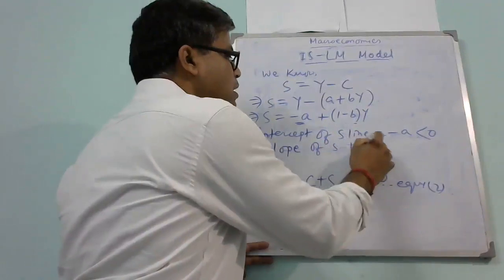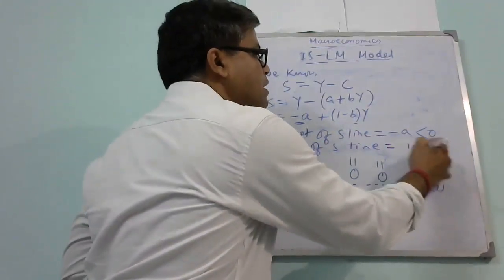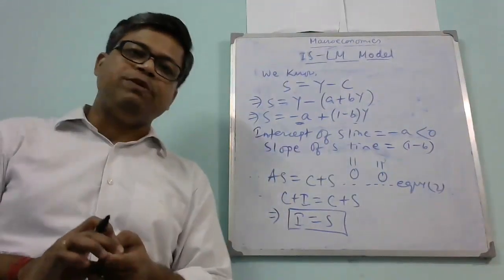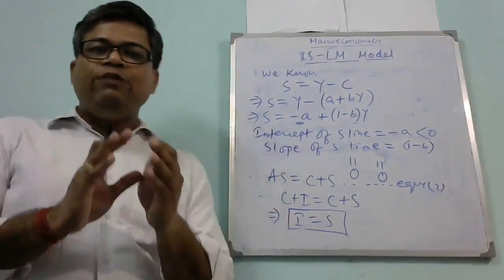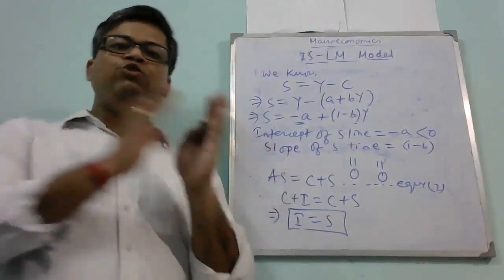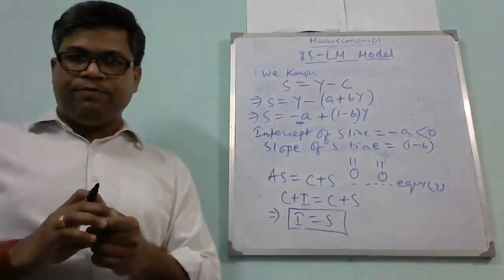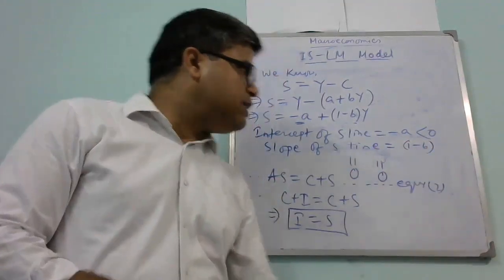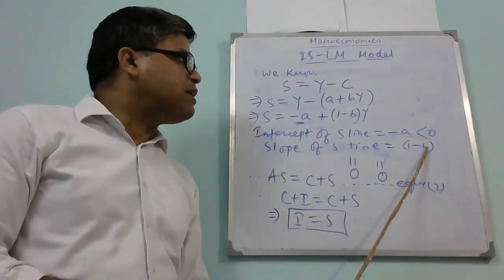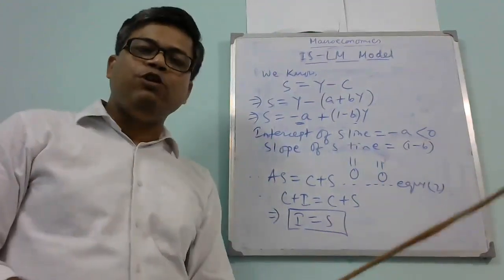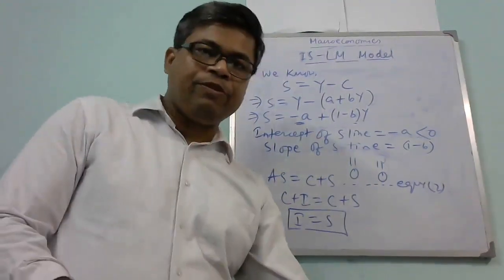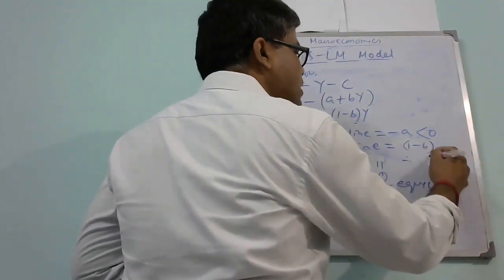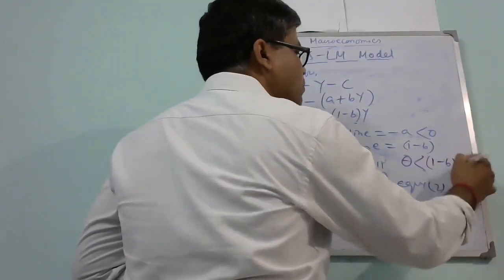Now the slope of the S line is equal to 1 minus B. Here B is called the MPC, marginal propensity to consume, and this value lies between 0 and 1, more than 0 but less than 1. Since B is a positive fraction, 1 minus B will also be a positive fraction, more than 0 but less than 1.